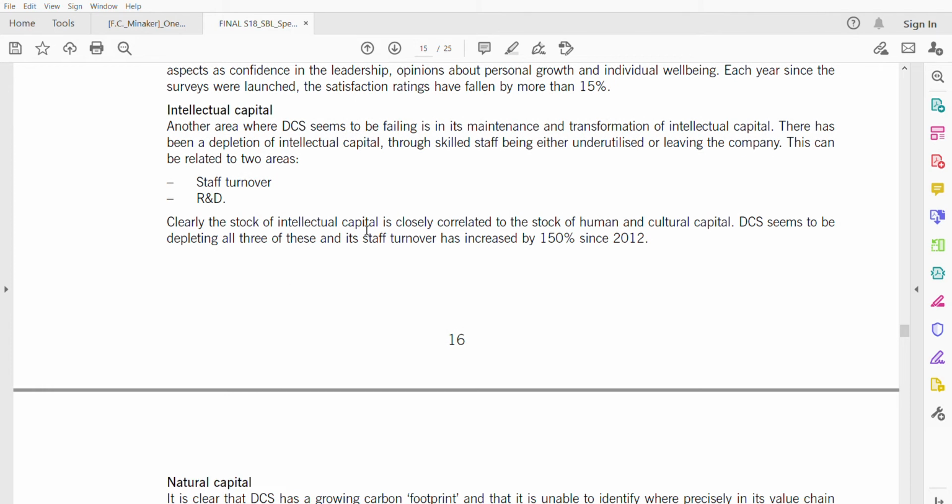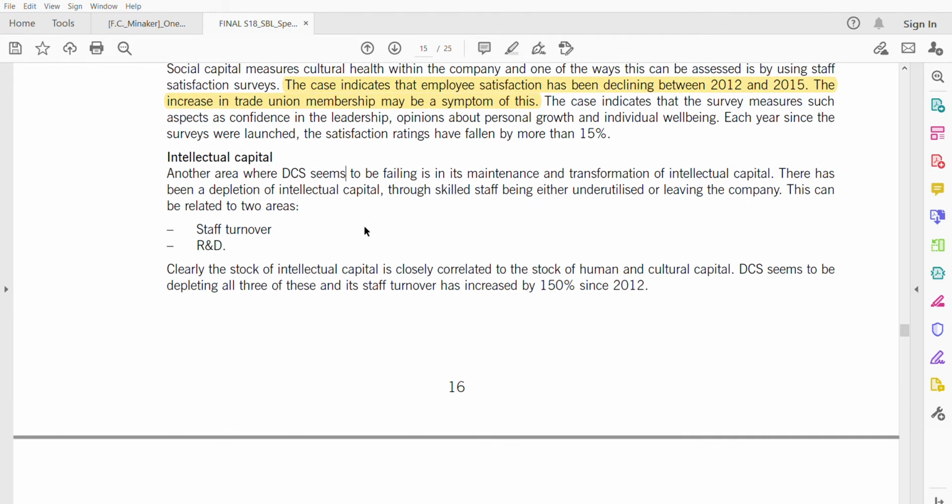Let's go to intellectual capital. Another area where DCS seems to be failing. This is how you have to write. Whenever you write your first line under a point, under a subheading, because you will not have so much time and you will be wasting time here and there, it's important that you cover your points.